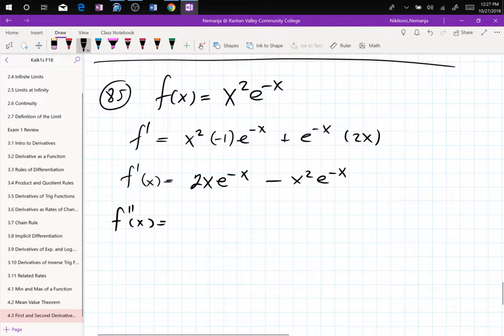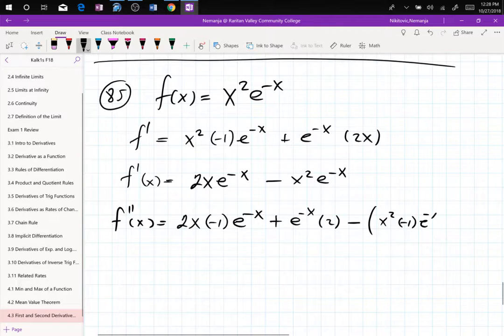So copy the first, 2x, times the derivative of the second, negative x e to the negative x, plus copy the second, e to the negative x, times the derivative of the first, which is 2, minus, and then now the second product rule, copy the first times the derivative of the second, plus copy the second times the derivative of the first, which is 2x.